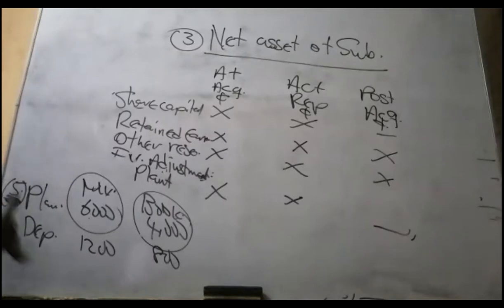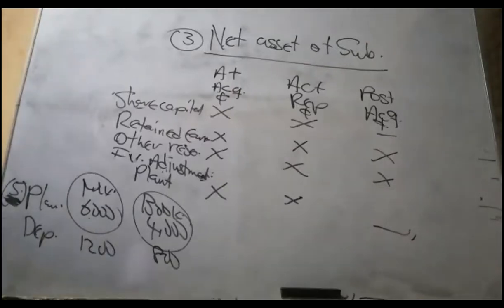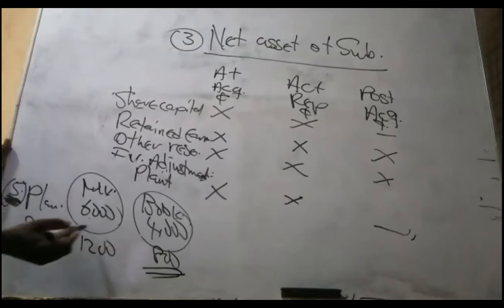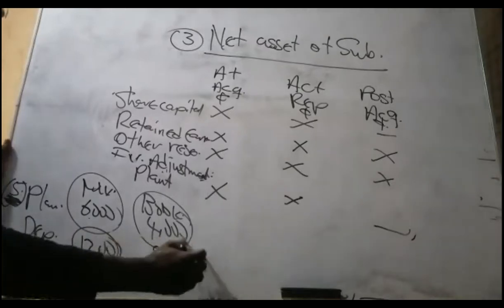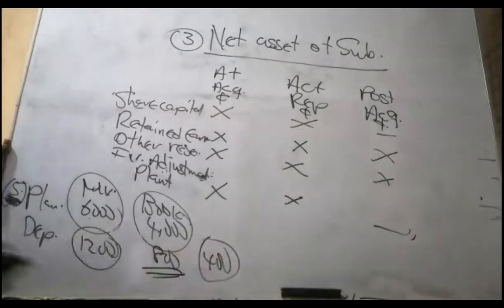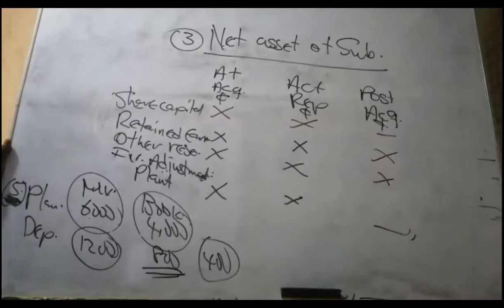This is additional depreciation, because the depreciation that they are charging is 800. As a result of this adjustment, depreciation has increased to 1,200. So you have to charge additional depreciation of 400 per year. Every year it will create additional depreciation of 400.